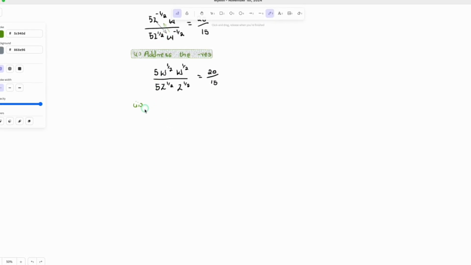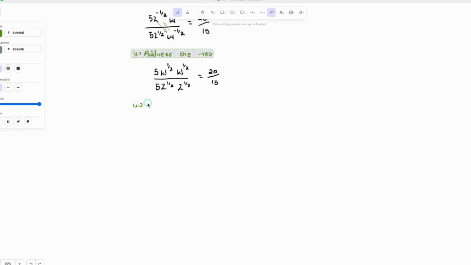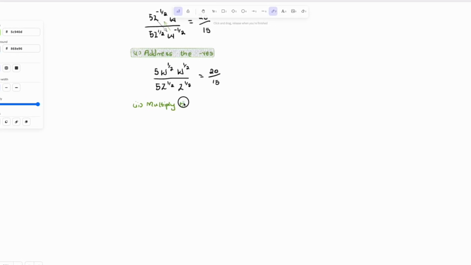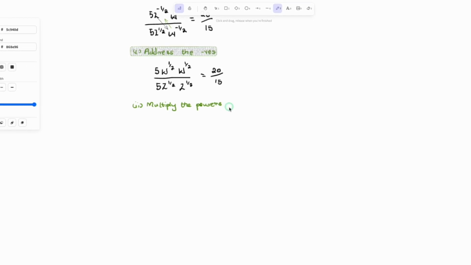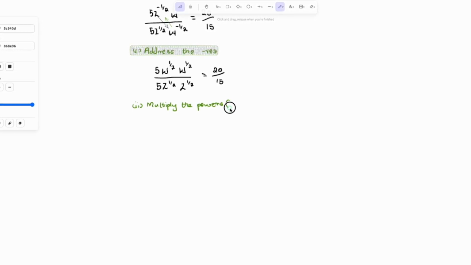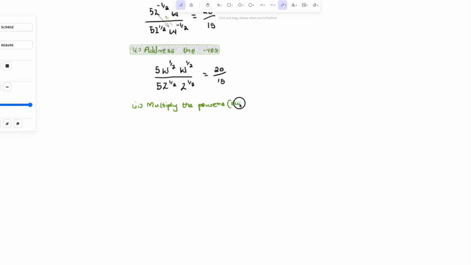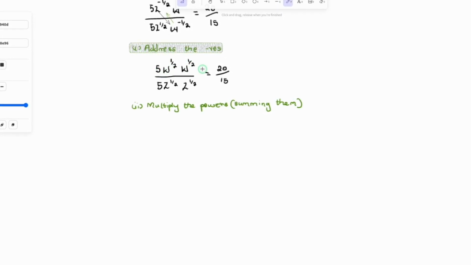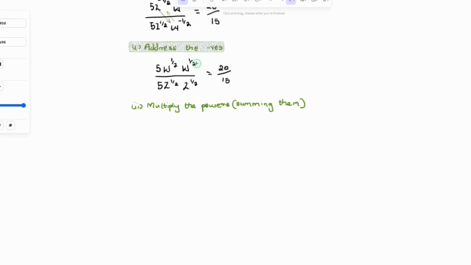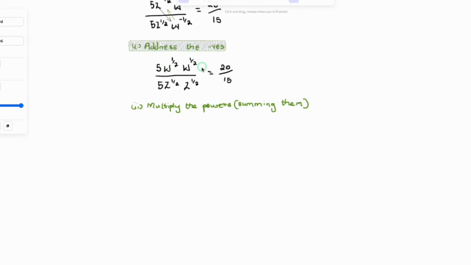I'm going to address the powers by multiplying them. Now, when you're multiplying the powers, another rule of indices tells us that you're essentially summing them. So if I'm taking a half times a half for these two powers, what is happening is that I am summing them, the half and the half.